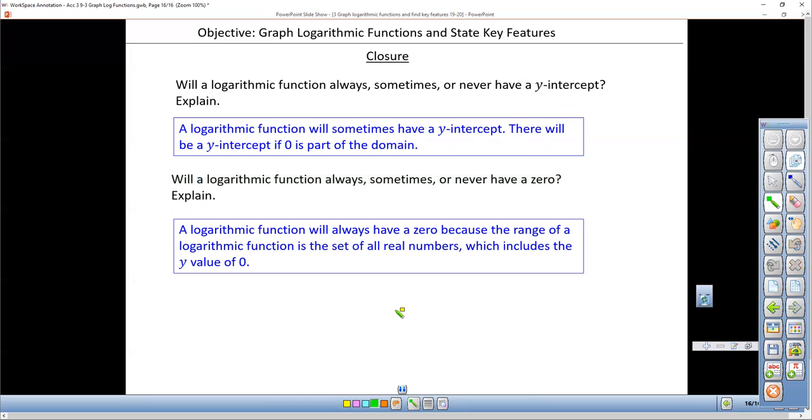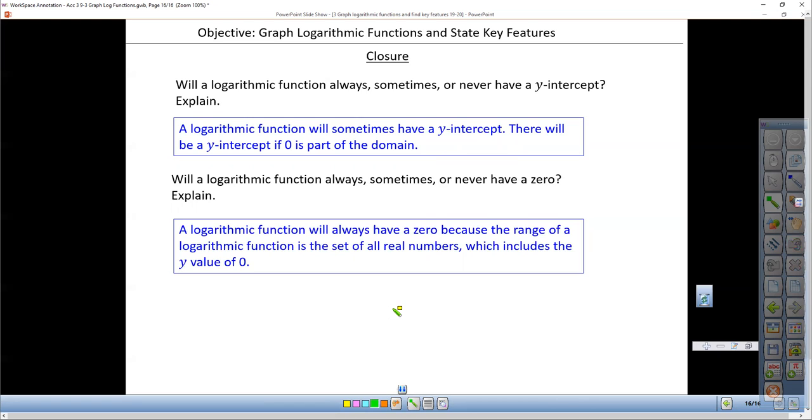Remember how the range of our logarithm functions is the set of all real numbers? So if the y's go from negative infinity to positive infinity, then a logarithm function is always going to intersect the x-axis, which means you're always going to have a 0. So you always have a 0 for a logarithm function, but you sometimes have a y-intercept because in a logarithm function, the domain is restricted.